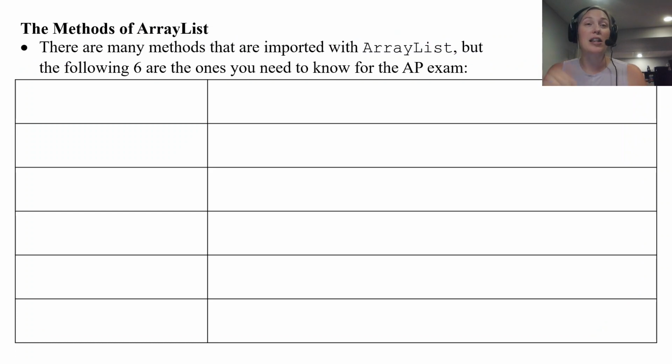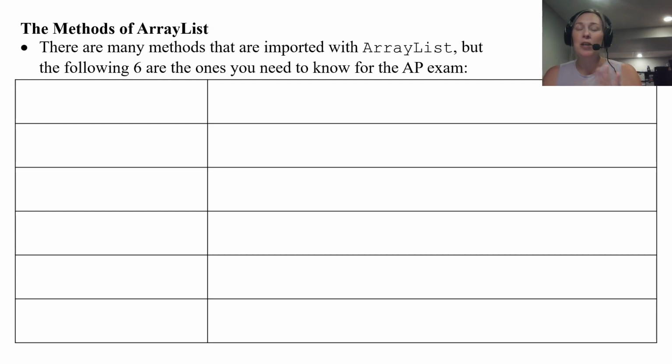Now, there's a lot of methods here in ArrayList, but there's only 6 that you need to know for the AP exam. So we're going to focus on these 6 in the notes and in the assignments that we do in this class, but know that you can look up in the documentation online all of the methods you could possibly use.